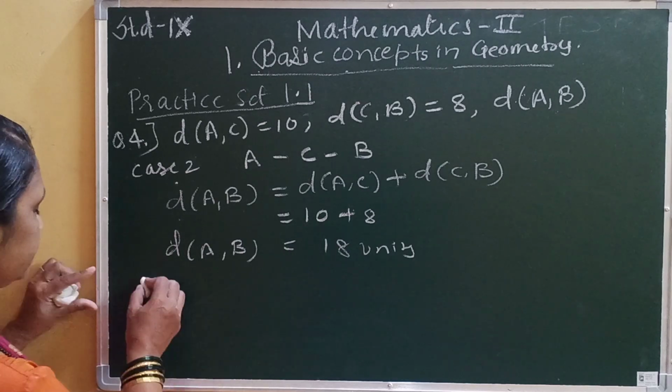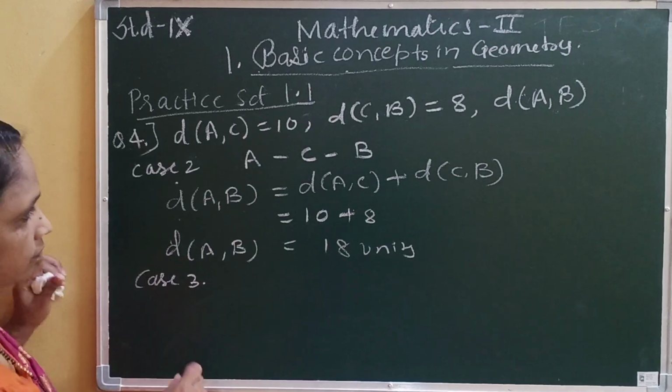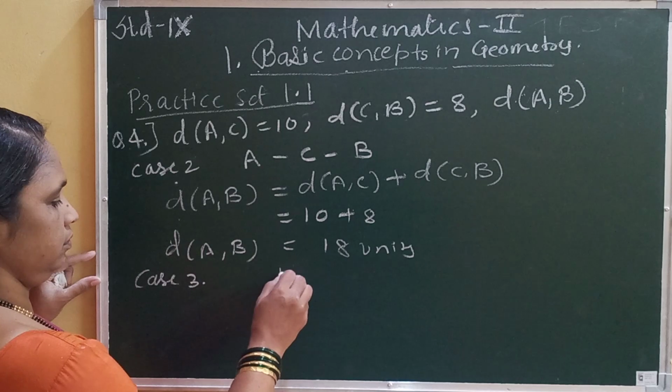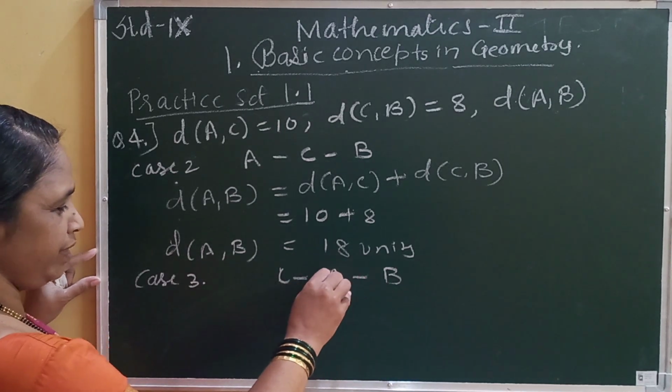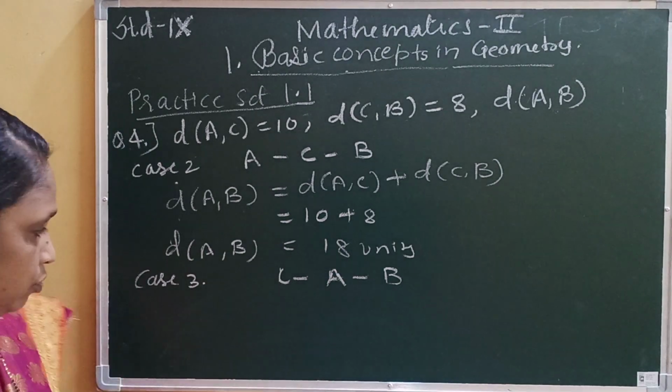And the third case, Case 3, is C, A, B, means A is in the middle. Now A will be in the middle. Is this possibility there or not? We have to see now.